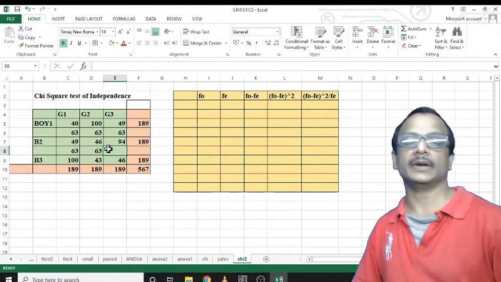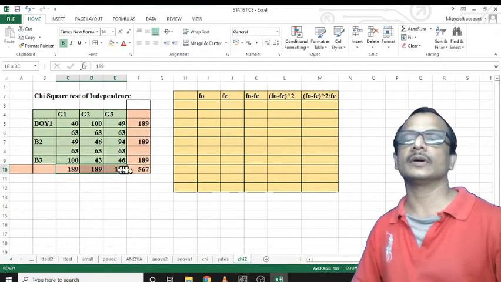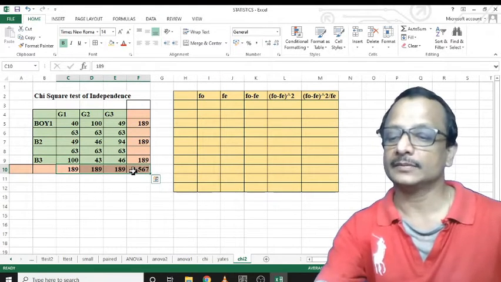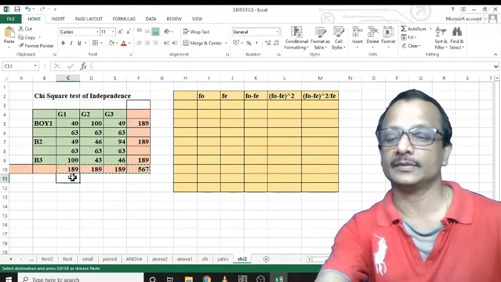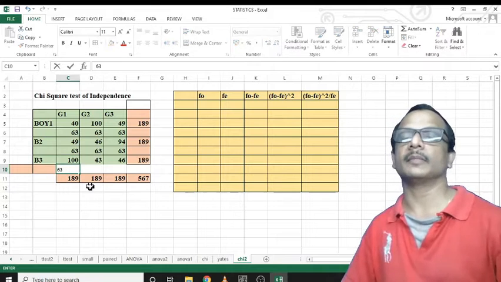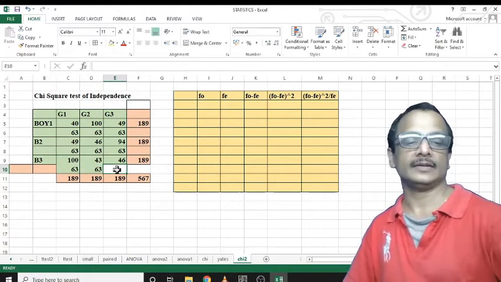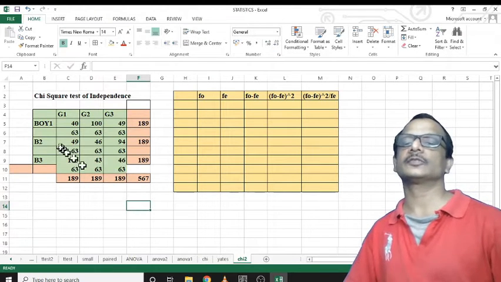I made a mistake here, I need one more space here, so I shifted it there and typed the values here. 63, 63 and 63. Yeah, this is the expected frequency.